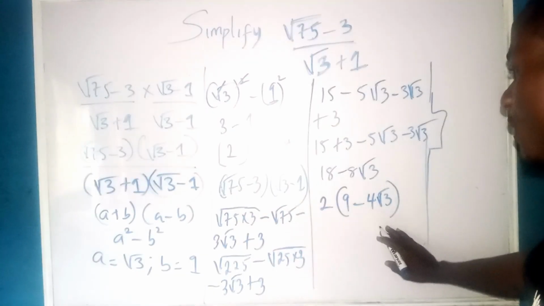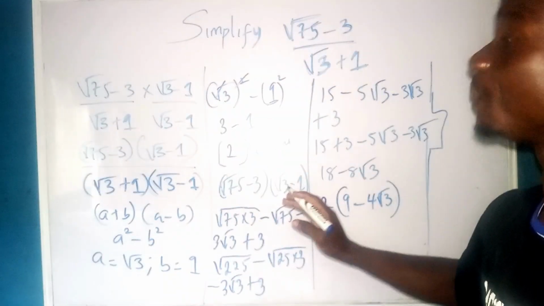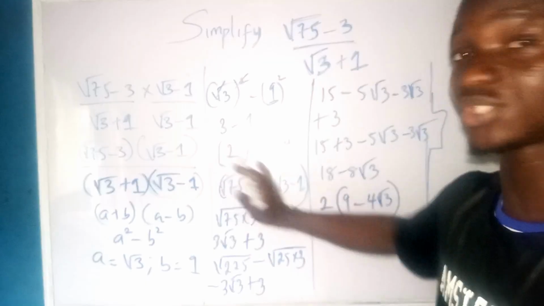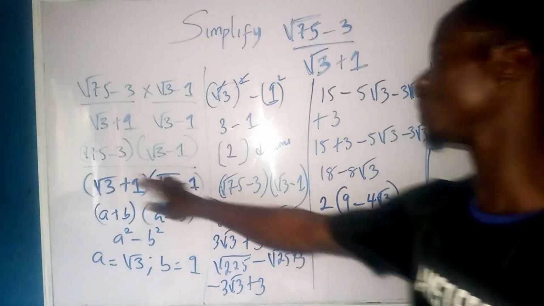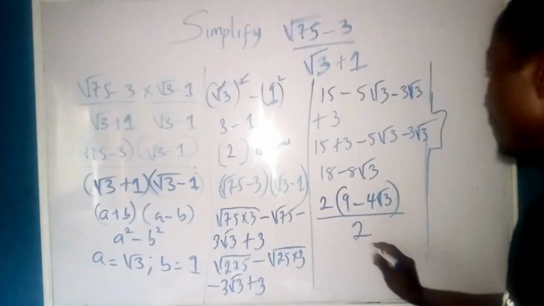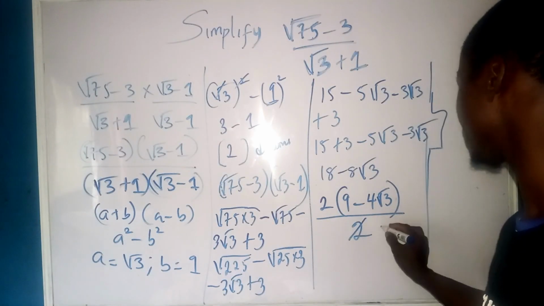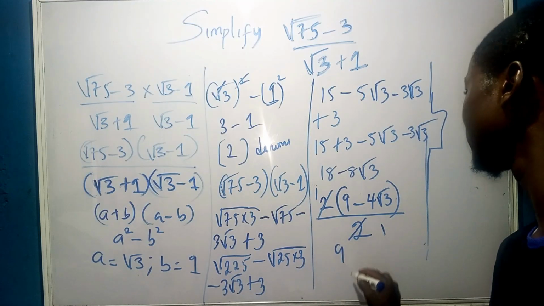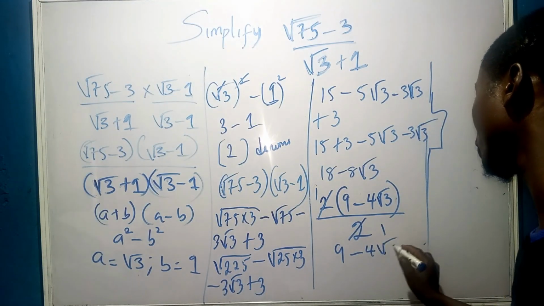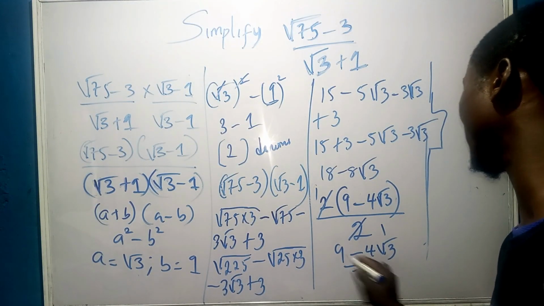This is where we can stop for the numerator. And our denominator is 2, right? So you bring it all over 2. Don't forget, we have it all over there already. So now what do we do? 2 in 2 is 1, 2 in 2 is 1. So I am left with 9 minus 4 root 3, and this becomes the final answer.